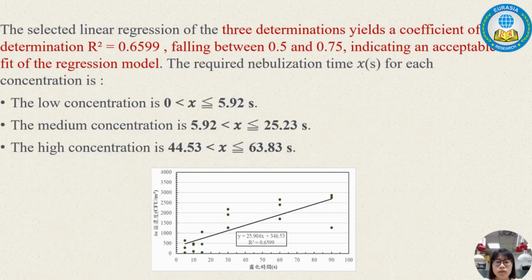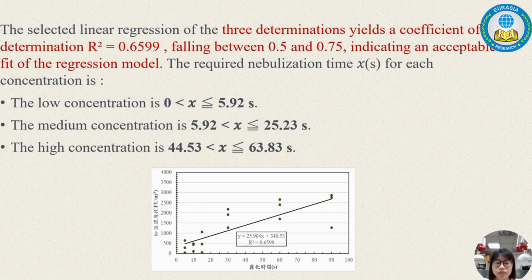We ran a linear regression on the results and got an R squared of 0.6599, falling between 0.5 and 0.75.